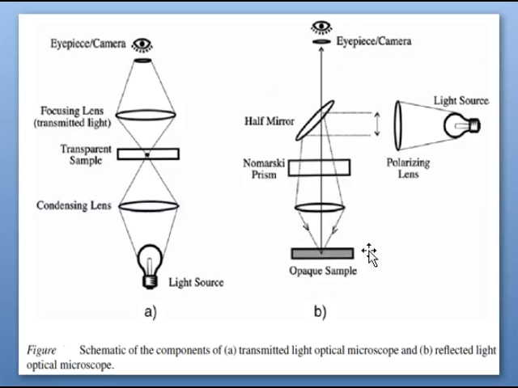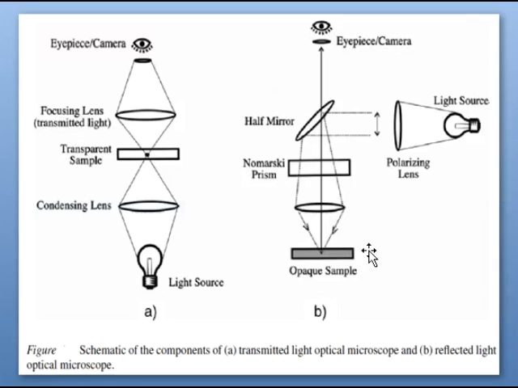Basically, in a transmitted light optical microscope, the light is transmitted from the light source below the microscope, where it is accommodated. The light is transferred through the object and then passes through the focusing lens, then the eyepiece, and then to the eye, so that a magnified image can be generated inside the eye.